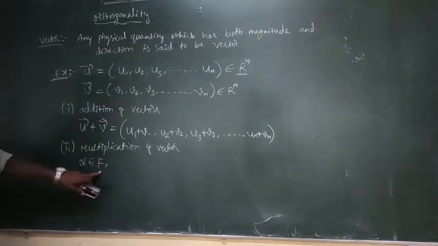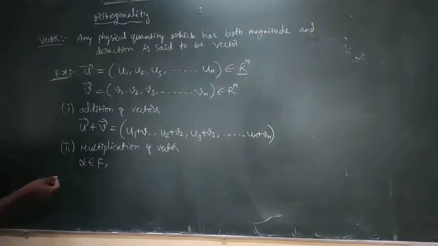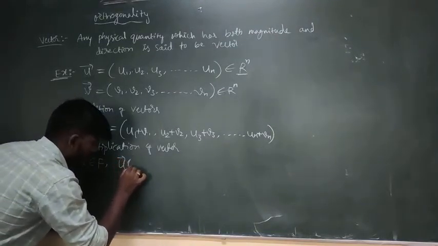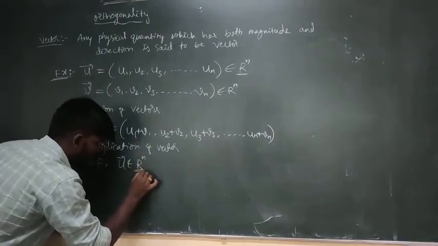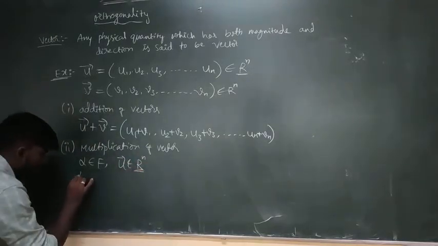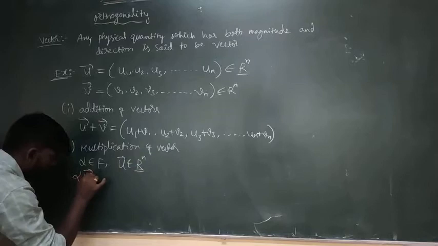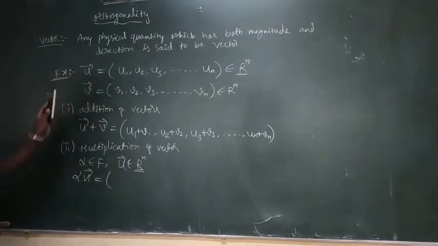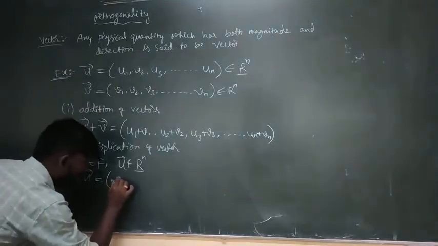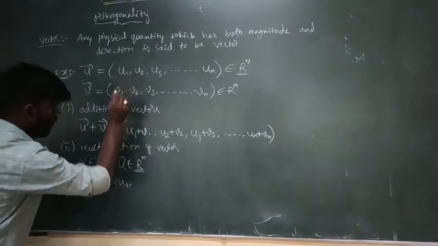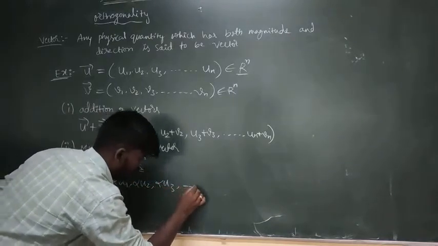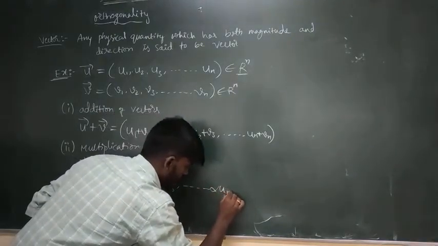Field means it contains only scalar elements. Alpha belongs to F, meaning alpha is a scalar, and u belongs to Rn, where Rn means n dimensional vector space. If we multiply alpha with vector u, we get each element of u multiplied by that scalar: alpha u1, alpha u2, alpha u3, and so on up to alpha un.